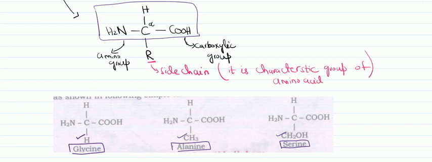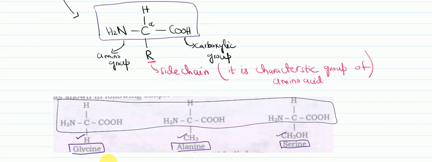No other amino acid than alanine has the side chain CH3. You can also notice here that all three amino acids, glycine, alanine, serine, have this group in common: COOH, NH2, and hydrogen. This is common in all amino acids, but they have a different side chain, right?